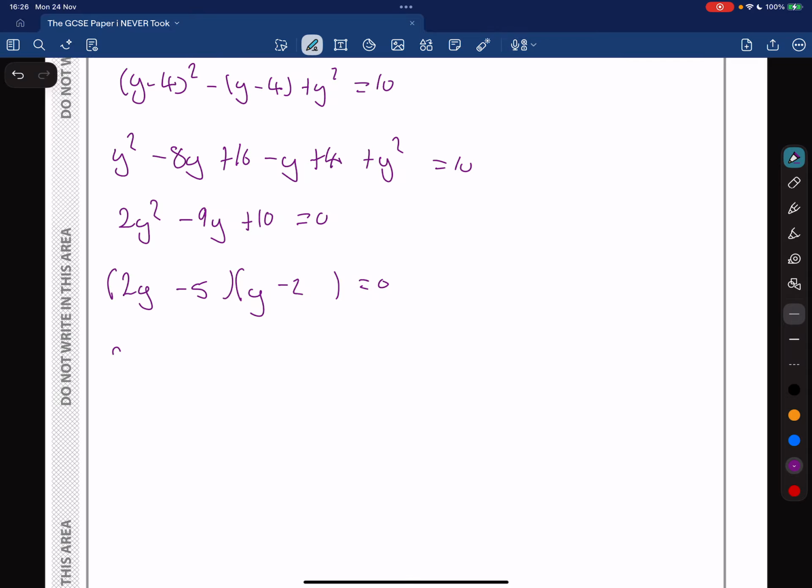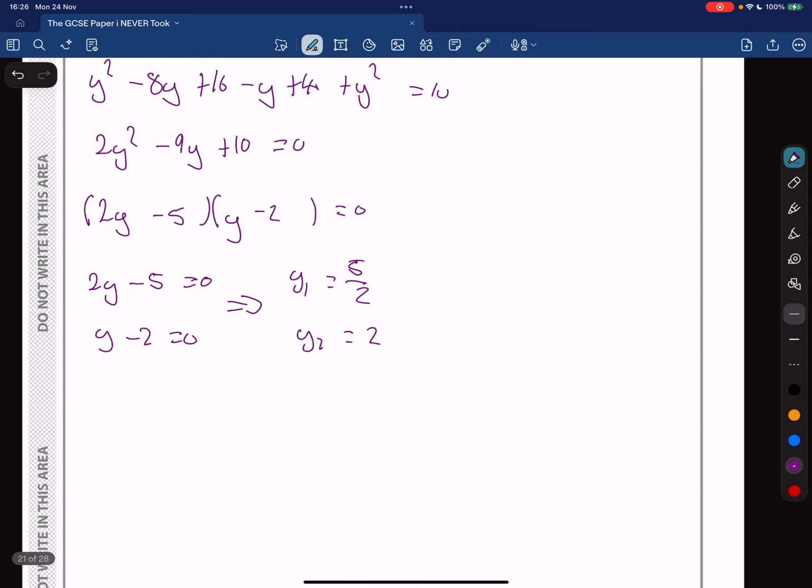So then we've got 2y minus 5 is equal to 0 and y minus 2 is equal to 0. So y1 is equal to 5 over 2, and y2 is equal to 2. Okay.